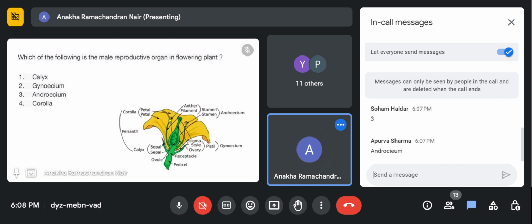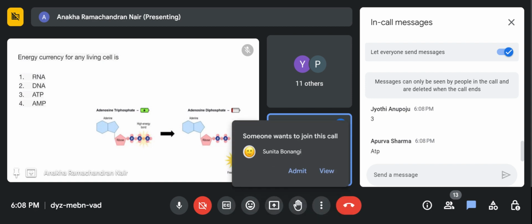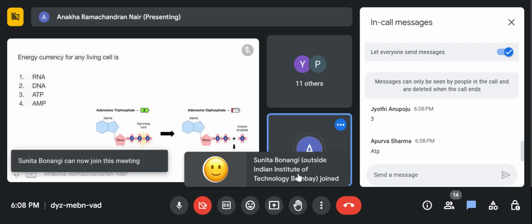Okay. So question number two is the energy currency for any living cell: RNA, DNA, ATP, and AMP. Yes, so everyone is saying ATP, and that is the correct answer.